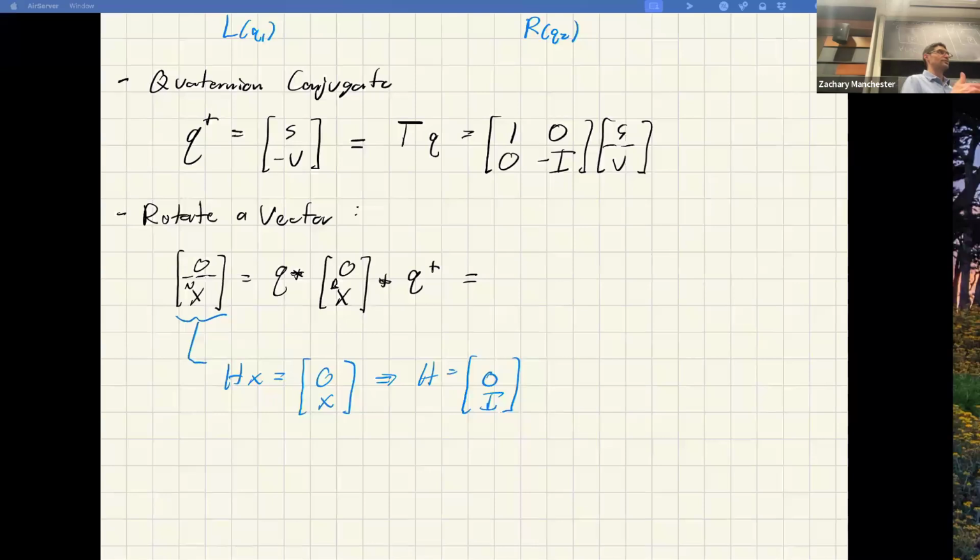And it turns out, hint, hint, H for hat, pure vector quaternions, where you just have a vector part and 0 scalar part, algebraically act exactly the same as the hat map for rotation matrices.